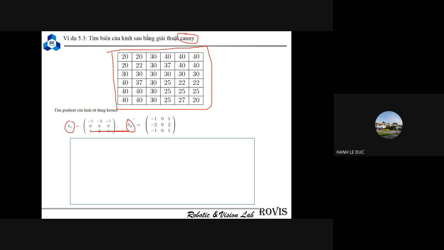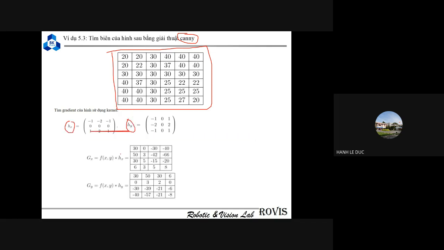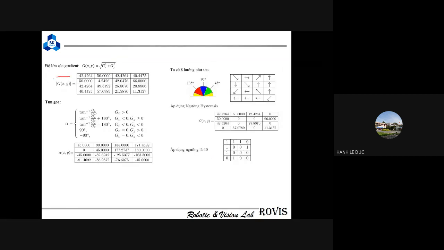When you do the convolution, you have this one. And then calculate the magnitude, right? And then the direction. And this is the magnitude, and this is the direction.